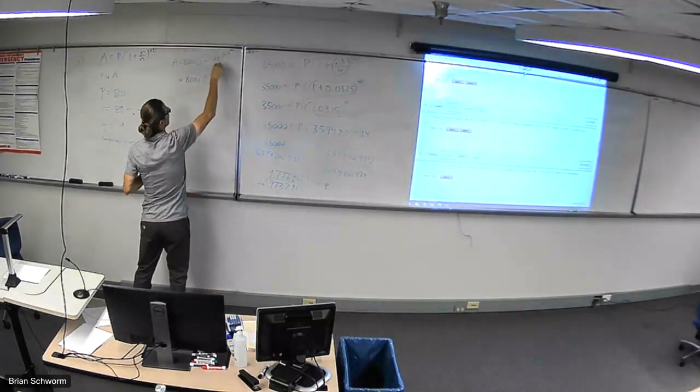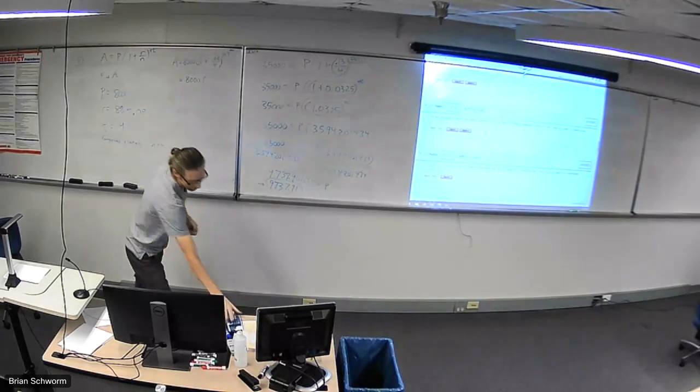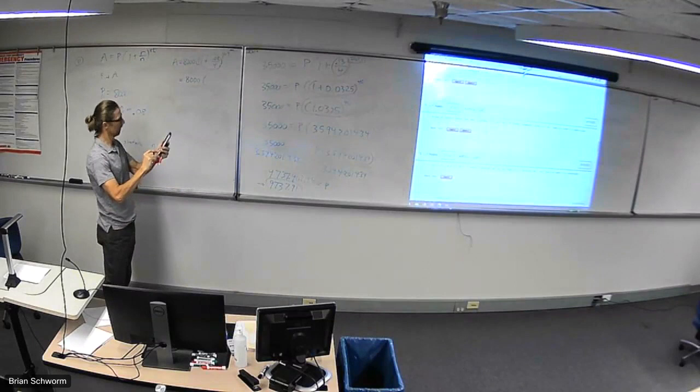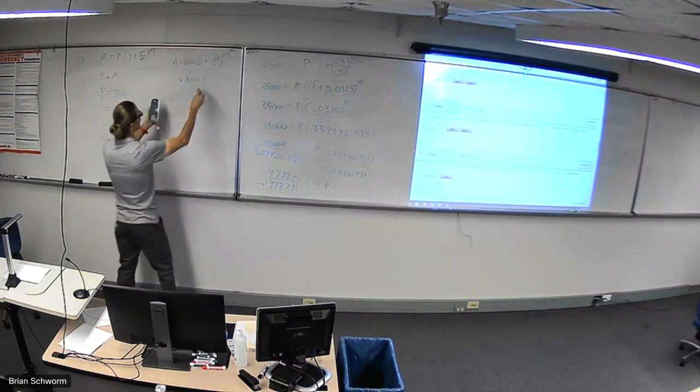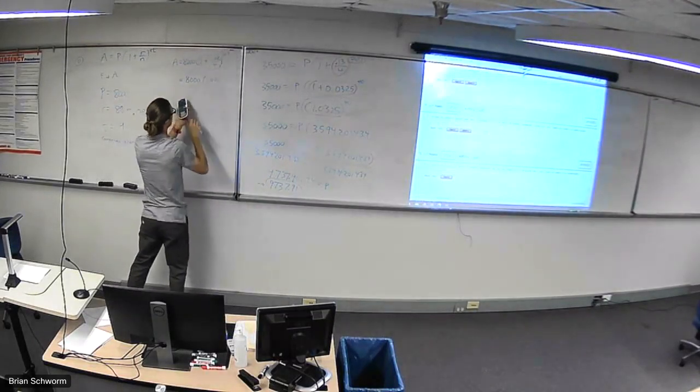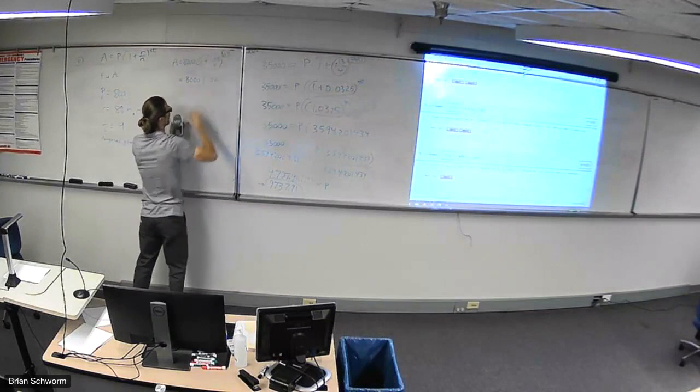I can do this all at once relatively easily: 1 plus 0.08 divided by 4, then raised to the 4 times 9, 36.